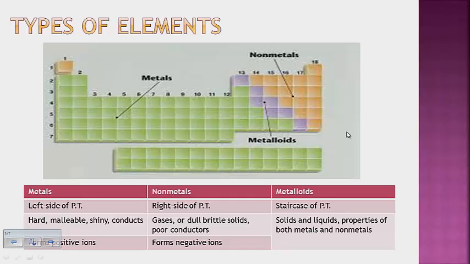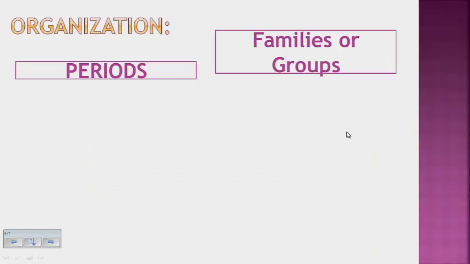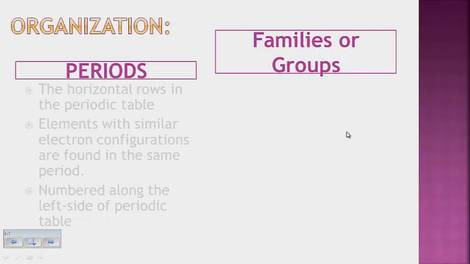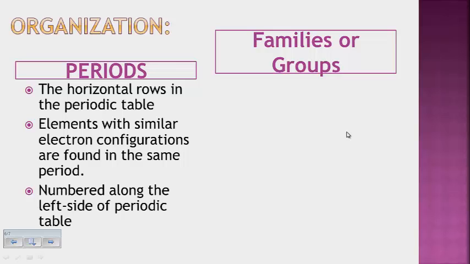Now the organization, when you look at your periodic table, you're going to see that there are rows, and rows go from left to right. These rows are called periods. Okay. The elements in each period share similar electron configurations, meaning they have the same number of outer orbitals going around the nucleus.